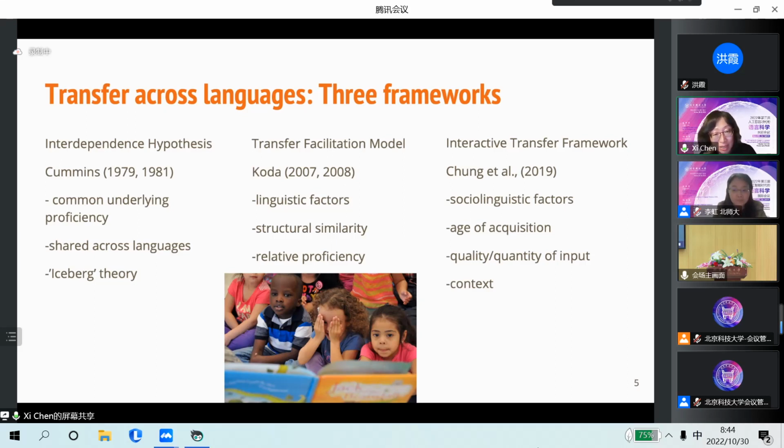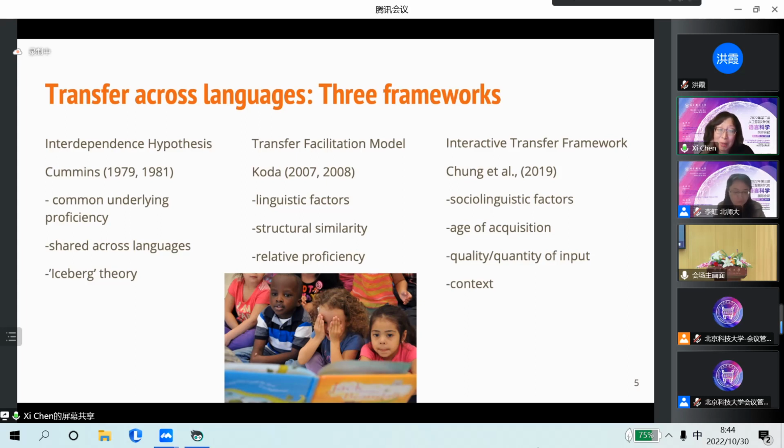In a minute, I'll talk about the syntactic structures of English and French, and you will see their similarities, but also differences. According to the transfer facilitation model, transfer is also influenced by the relative levels of proficiency of children's first language and second language. When children just start to learn a second language, the level of proficiency is higher in their first language than in the second language.